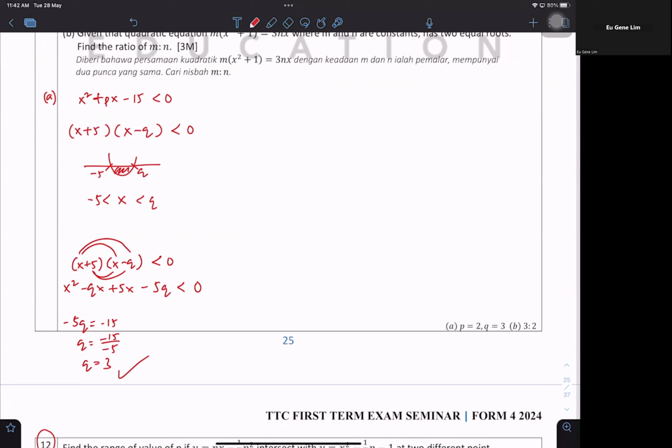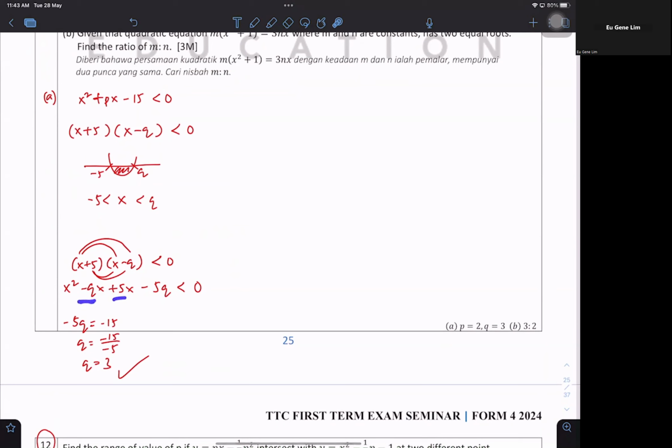Okay, good. Then next, you also want to find p, right? You see, p is in front of x, and negative q is in front of x, 5 also in front of x. Both of these are in front of x, right? So very simple.